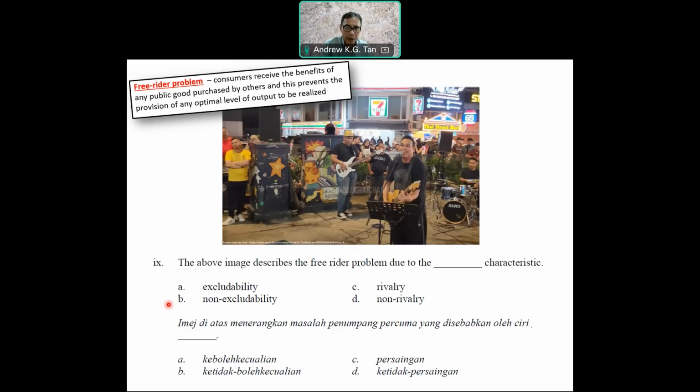The answer is non-excludability, because individuals cannot be excluded from standing there listening to Bob singing. Although they don't want to pay, they don't have to pay. Right? They can listen for free without donating to Bob. So non-excludability when we have a busking situation.